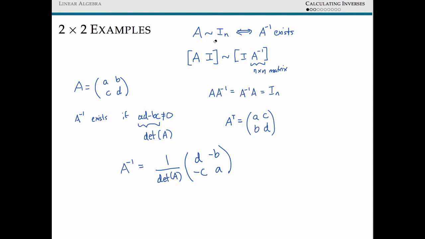So this formula is the general inverse of a 2 by 2 matrix using our determinant, and this matrix is actually going to be called the matrix of cofactors. We'll get to see a little later, again, what a cofactor matrix means for a general matrix.